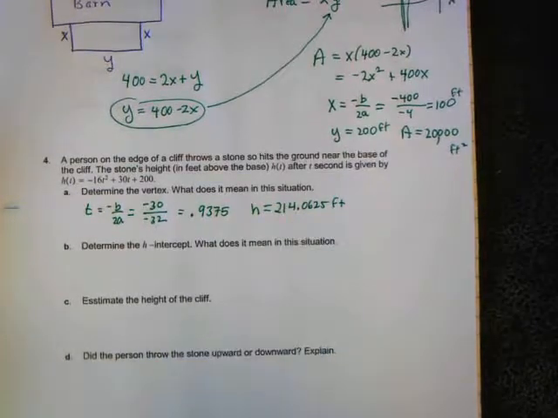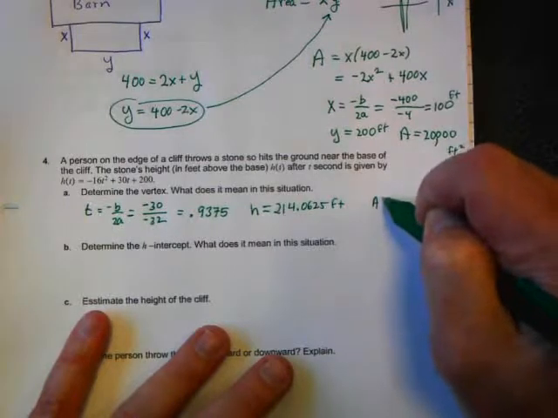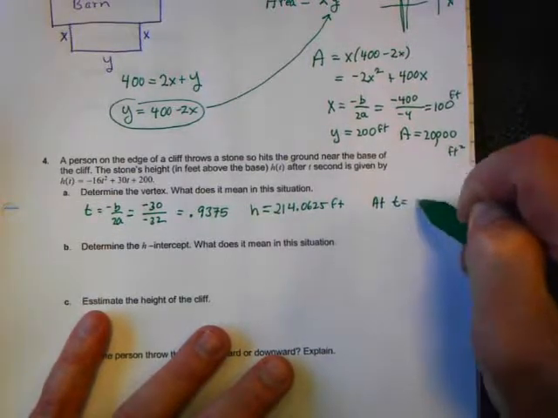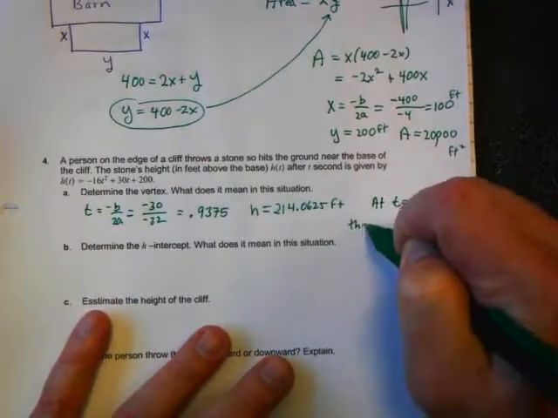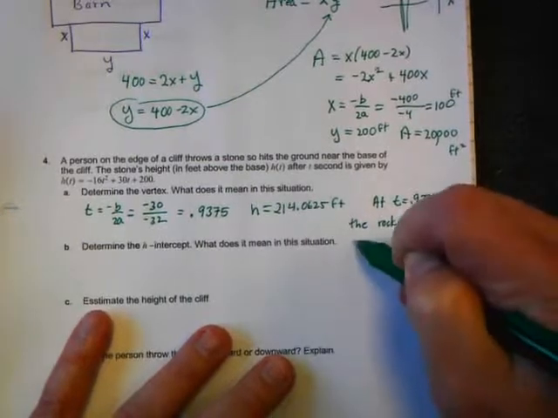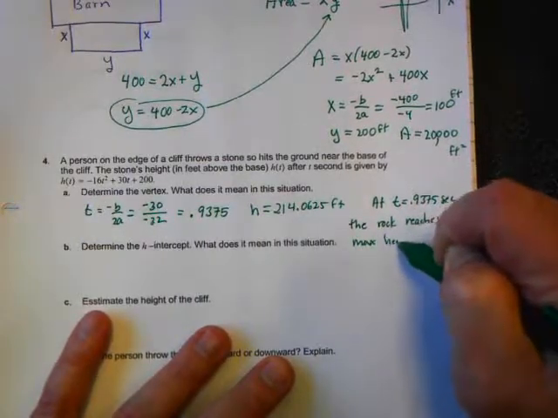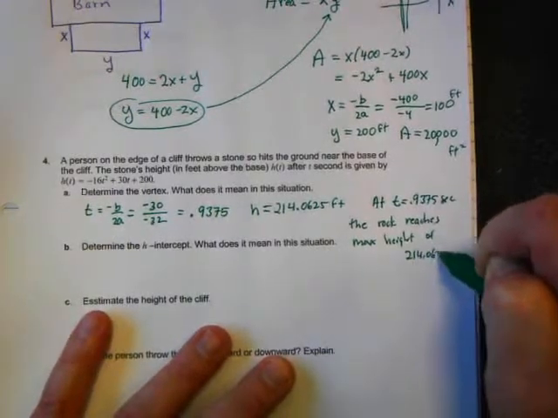All right, so this tells you actually 3 things. At t equals 0.9375 seconds, the rock reaches maximum height of 214.0625 feet.